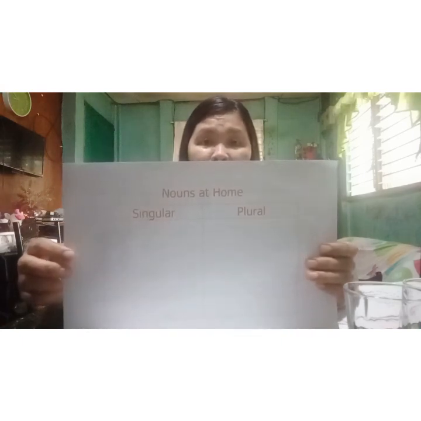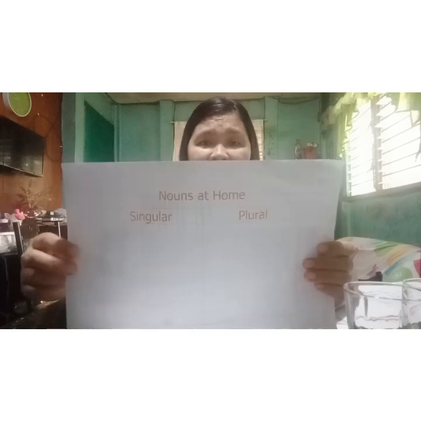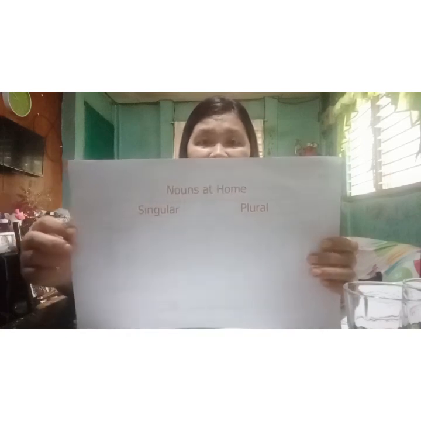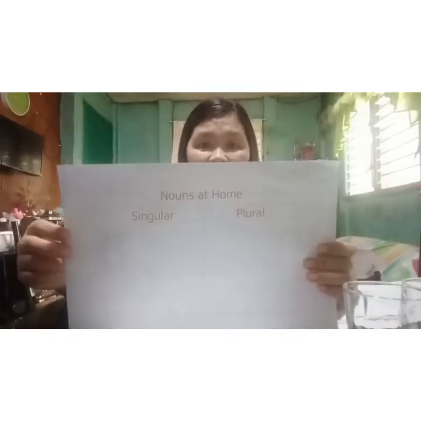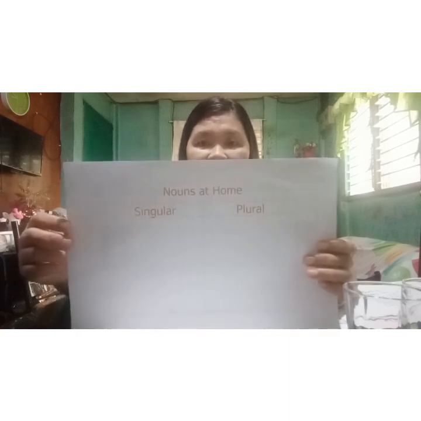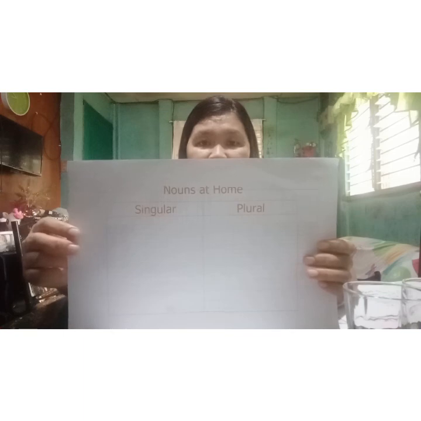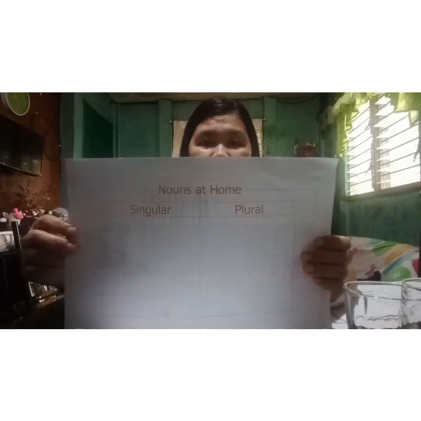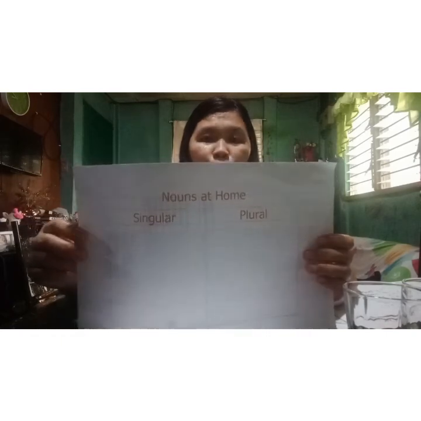It's up to you how many, or as many as you can. Then let your parents check your answers, and try to read your answers with them. Thank you, parents, for helping also your children learn at home.